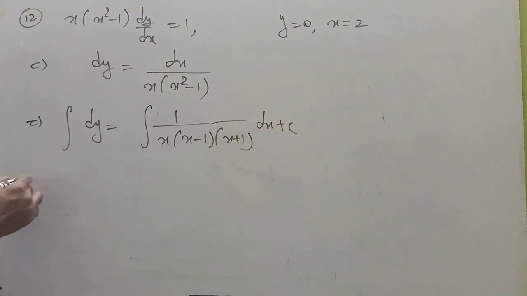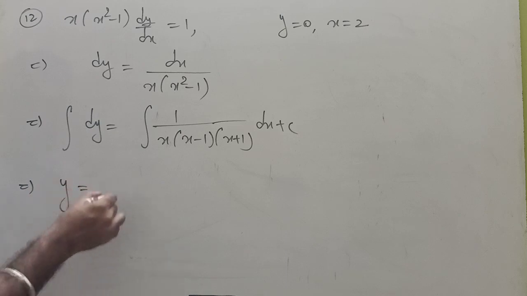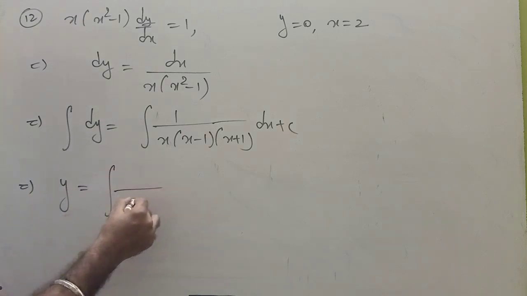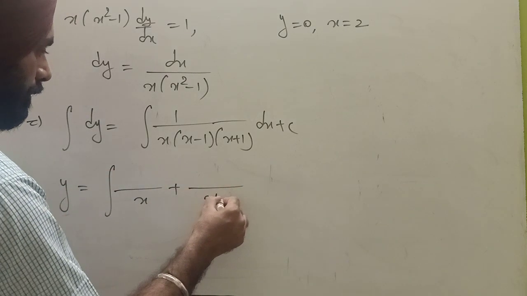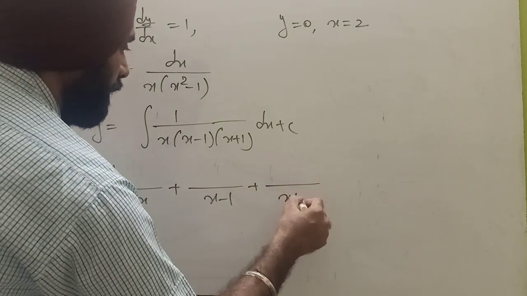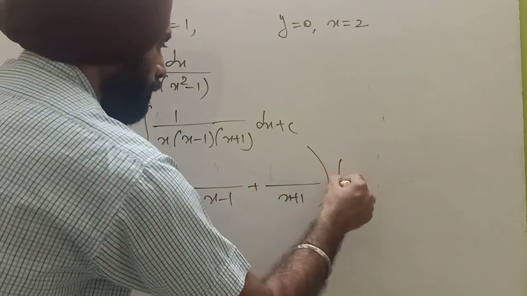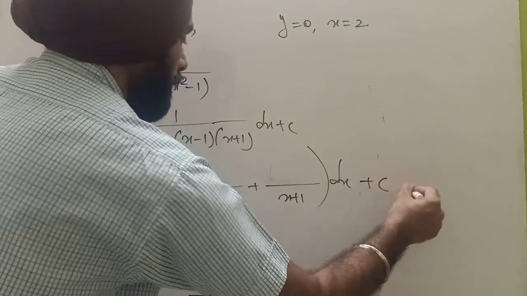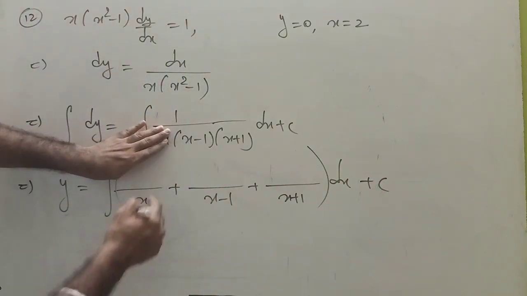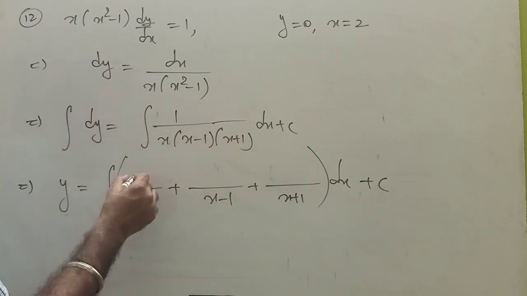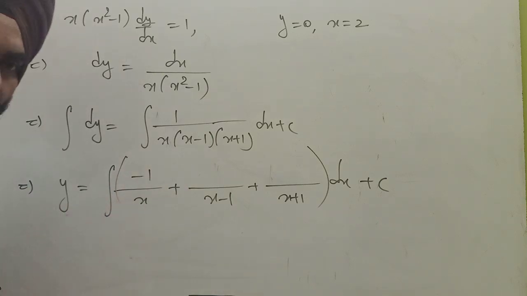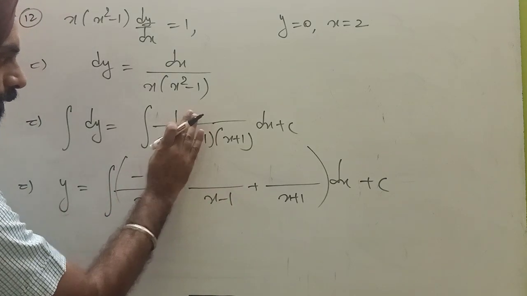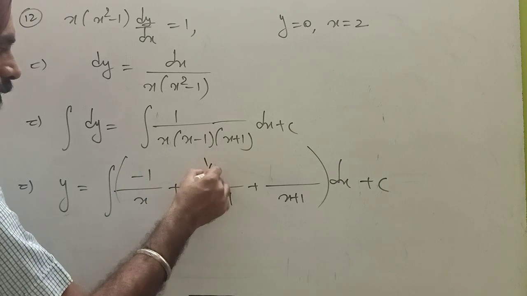Now we can make partial fractions. y = A over x plus B over x minus 1 and C over x plus 1 are in the denominators. So applying the shortcut method, when x is equal to 0, minus 1 and plus 1, the numerator there will be minus 1. For this put x = 1, 1 into 1, there is 1 by 2.